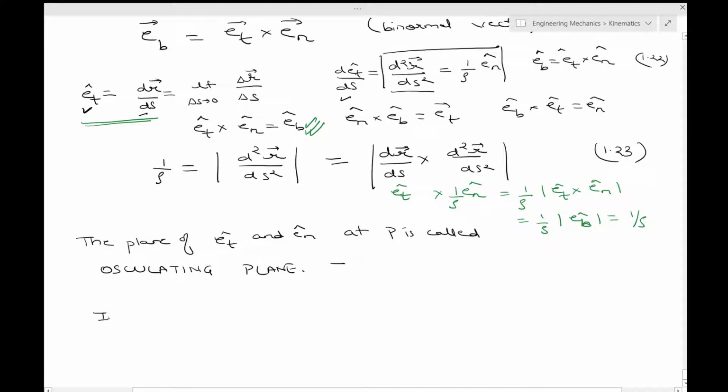It can be shown that this oscillating plane is the plane through P which is closest to the trajectory.